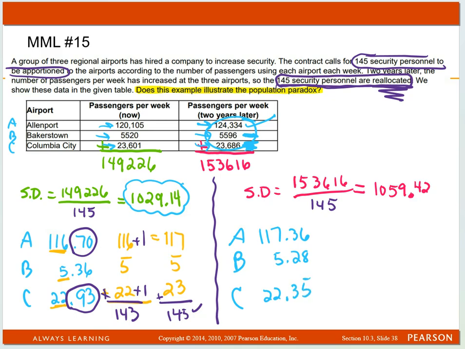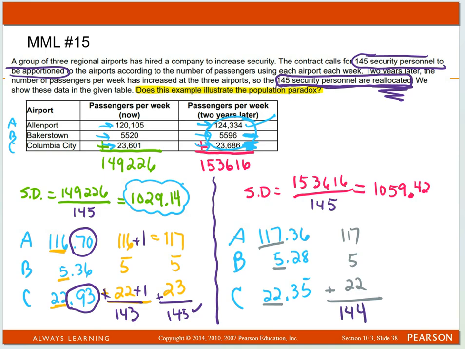Now keep in mind, this is Hamilton, so Hamilton would give them the whole numbers: 117, 5, and 22. But when I add that up, I get 144.